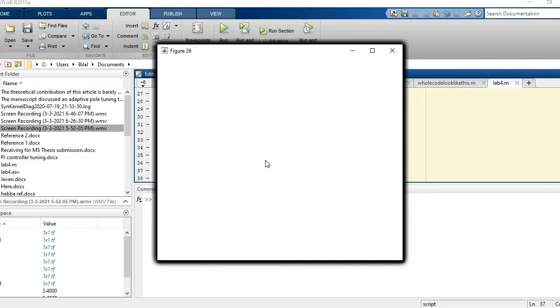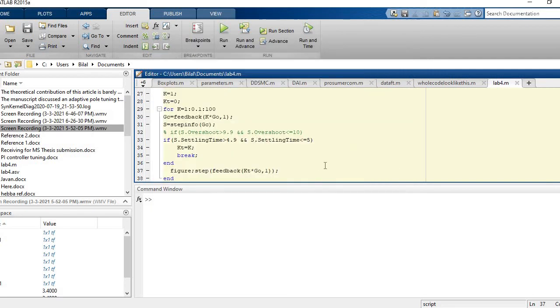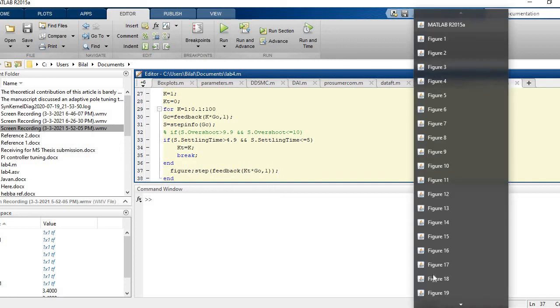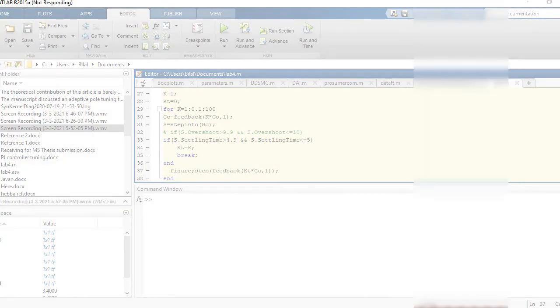Let me remove this one, because I mistakenly put it inside the loop, and that's why it showed a lot of figures.